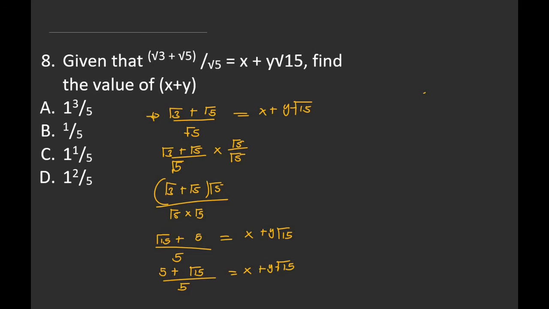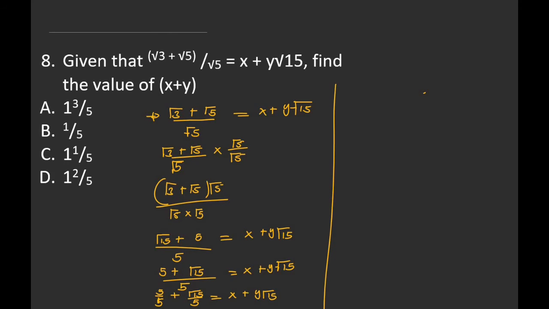Now this can as well be written as 5 over 5 plus square root of 15 divided by 5, still equal to x plus y root 15.